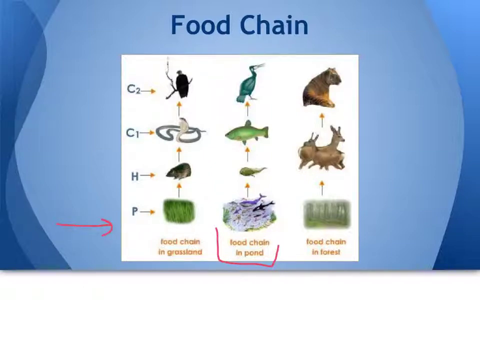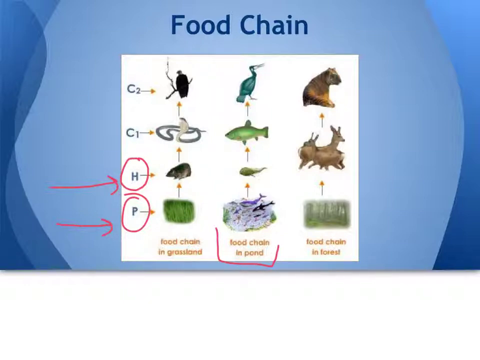The next trophic level will be herbivores. We also call herbivores primary consumers. So we have producers as the first trophic level, and the primary consumer is the herbivore. That is the first consumer of an actual organism. Those primary consumers or herbivores are also recognized as heterotrophs because they cannot perform photosynthesis and make their own food.